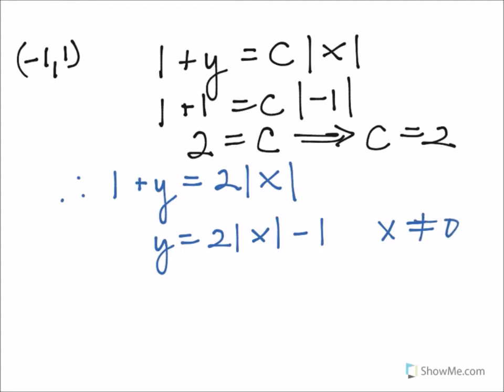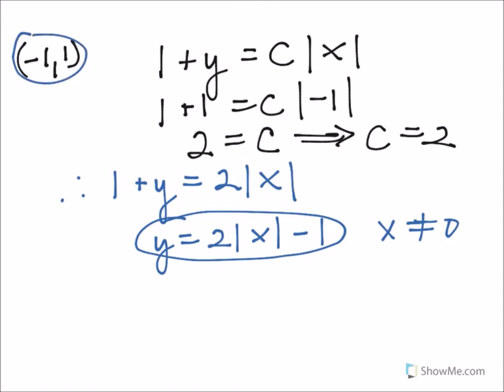And that means that this solution can't cross the y-axis. It can't go through the value x equals 0, which means we must limit this solution to the side of the x-axis where the initial condition is, negative 1, 1. This solution is to the left of the y-axis, which means x must be less than 0.